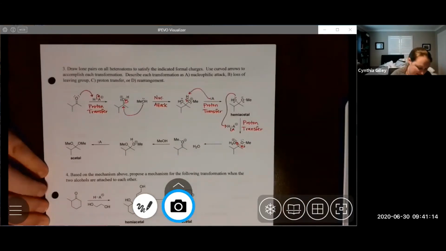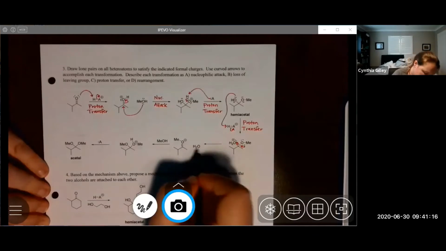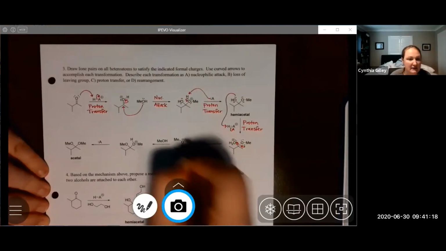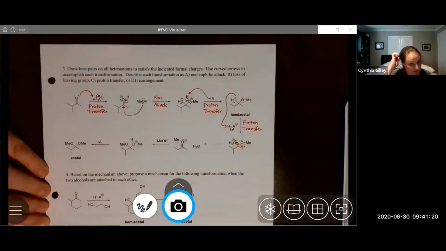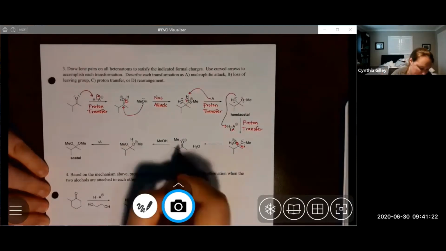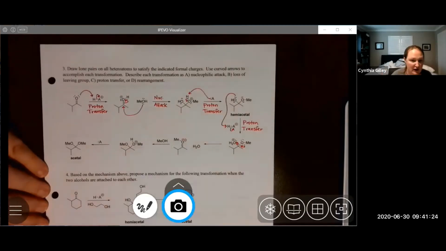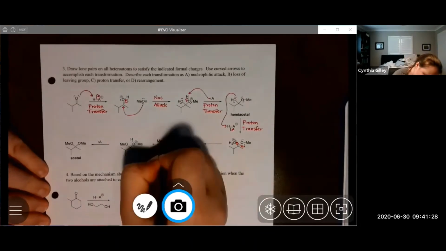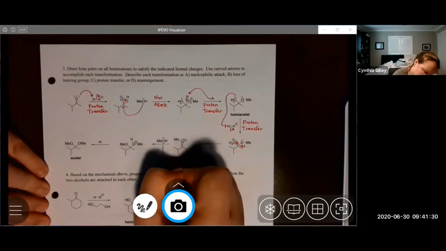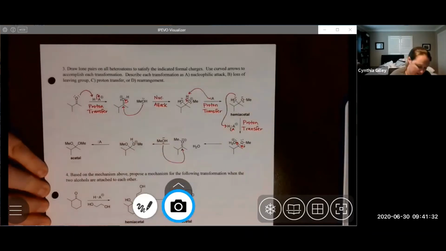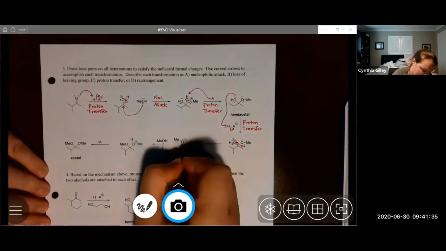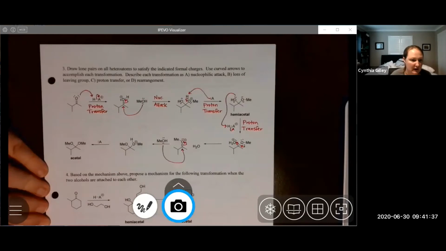That kicked out water as a leaving group, and now I have a carbonyl here. Oxygen is positively charged, so it's highly electrophilic. So another methanol nucleophilic attack, don't forget, move electrons up to oxygen.